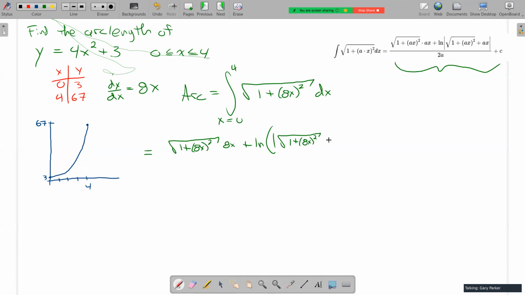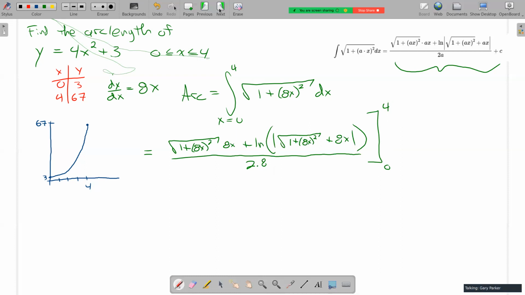And this time in here, I get a plus 8x. Close the absolute value, close the natural logarithm, divide all of that by 2 times a, which is 2 times 8, or 16. And we're going to evaluate that from 0 to 4.